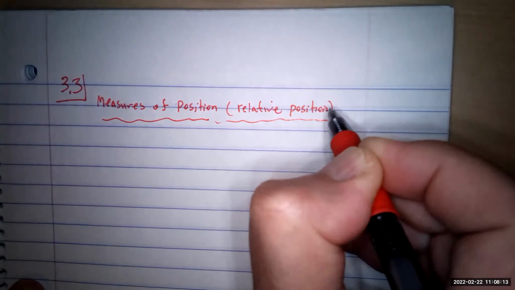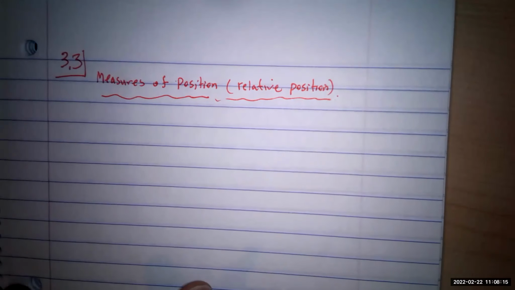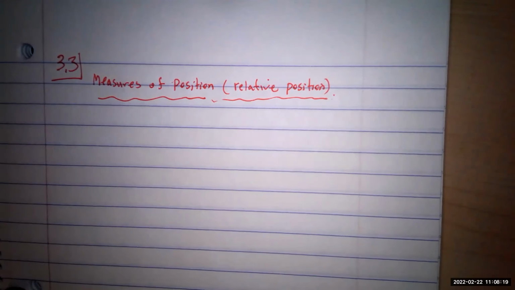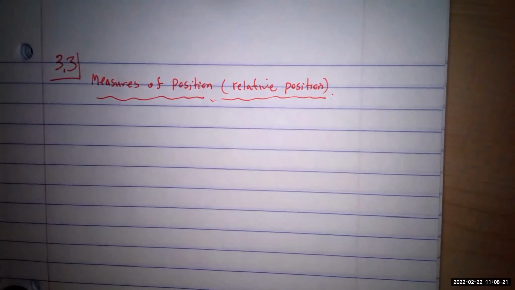We would like to get a tool that enables us to identify the position of any data value. There are a couple of measures of position that we're going to investigate, but one of them is very popular for the rest of the course.